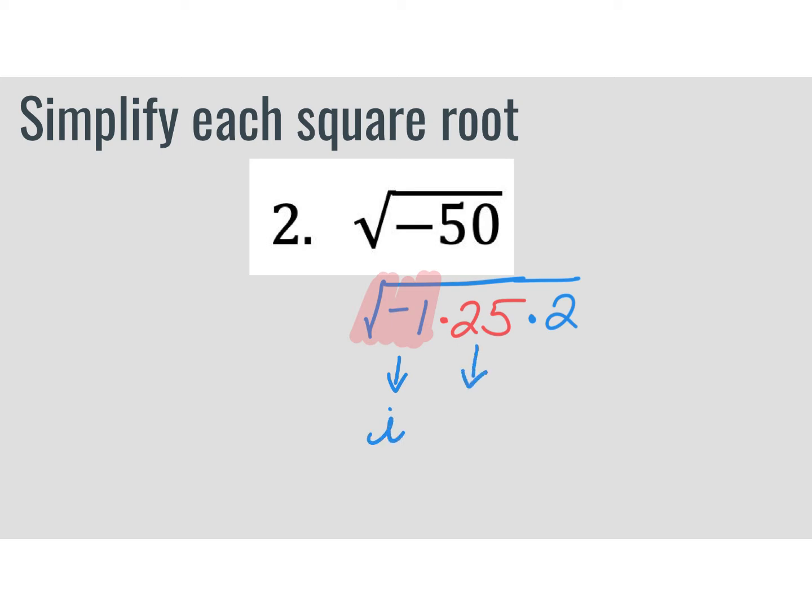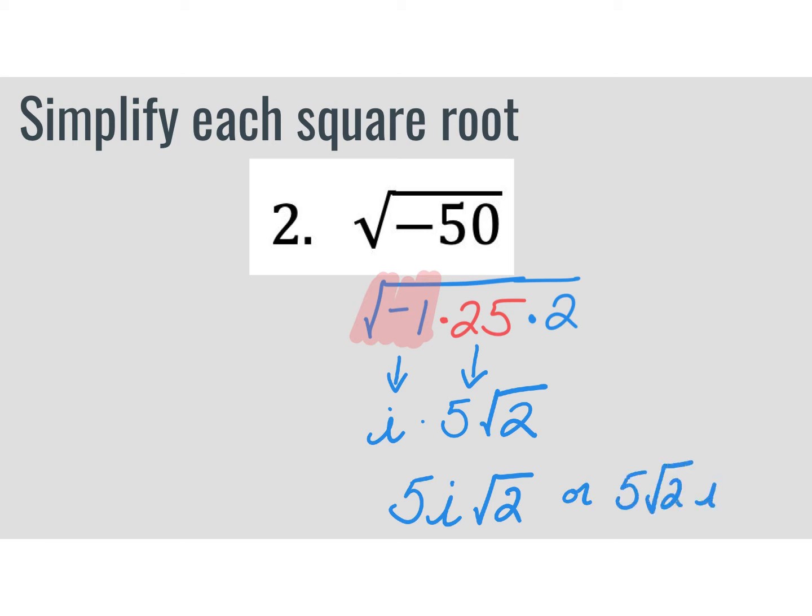The square root of 25 would be 5, so I'd have i times 5. And then the square root of 2 is irrational. It would stay beneath the radical. The best way to write this would be 5i times the square root of 2. Now, you will see some places write this as 5 root 2 where they put the i last. My fear is it'll look like i is beneath the radical sign, so I prefer this first way.